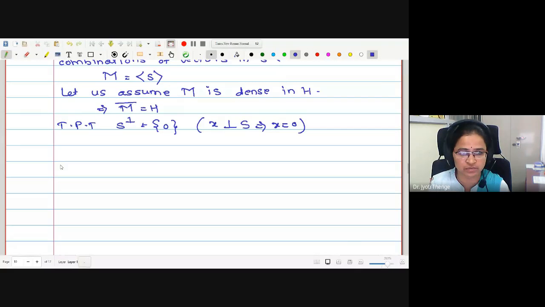This is what the aim is. Okay, in order to prove this result, first we will try to prove that any element which is orthogonal to M will be orthogonal to M bar also. Therefore, here I will write, first we show that, wait for a moment.